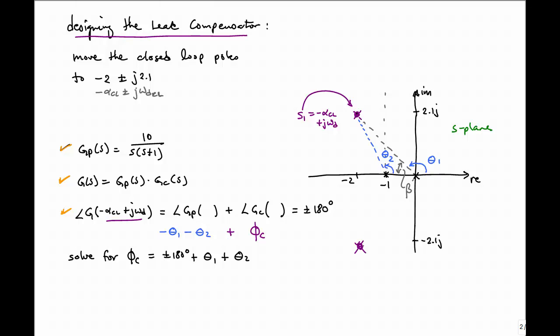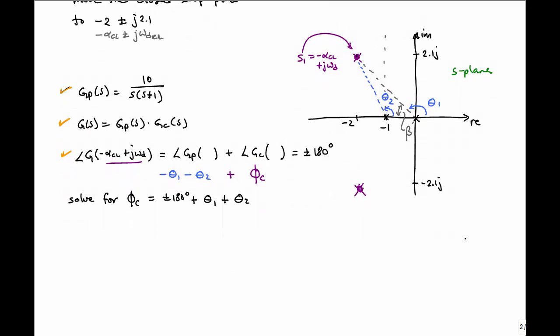Turns out that theta 1 is related to another angle of interest, and that is beta. We've encountered that before, so let me draw that out here. Here's our closed loop pole position, and this angle here we've called before beta.